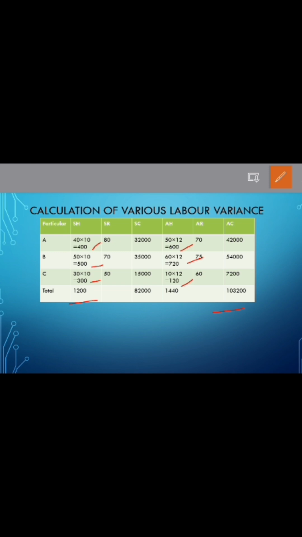These are the actual hours, and the actual rate is given in the question, and this is the actual cost. Here the actual cost is nothing but the multiplication of actual hour into actual rate, and standard cost is standard hour into standard rate.